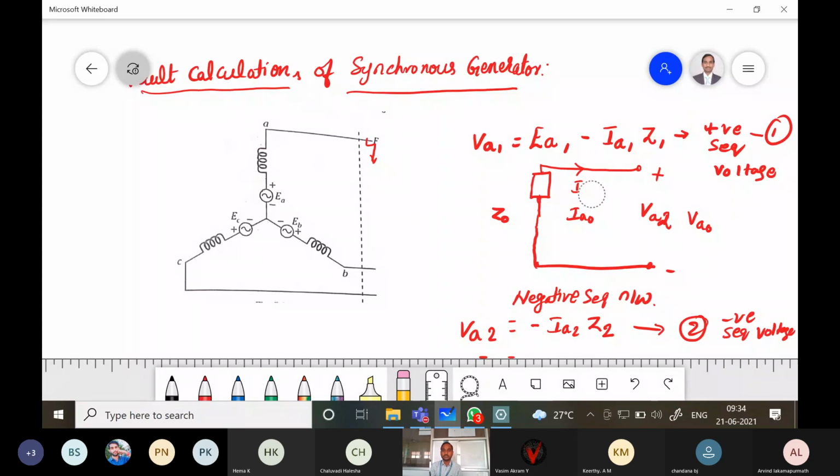That is called the zero sequence network. And we can write the zero sequence voltage VA0 is equal to minus IA0 into Z0. Equation number 3. Is it clear? Once again we will write all the equations.